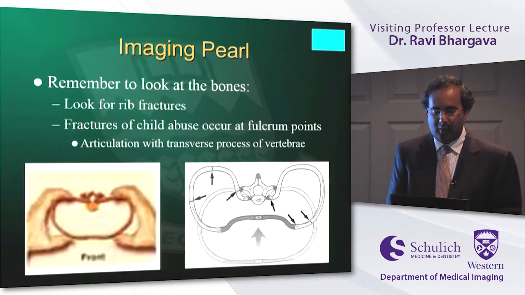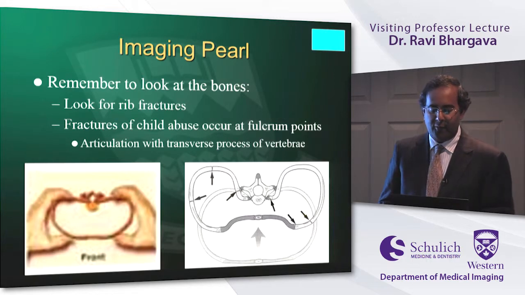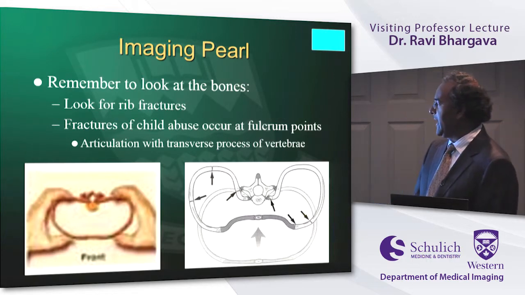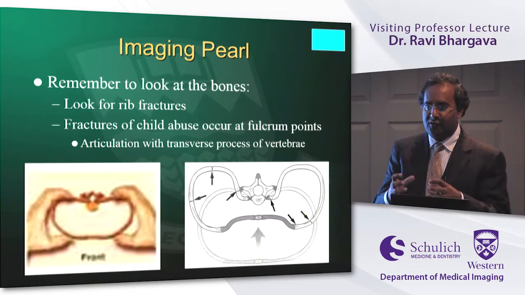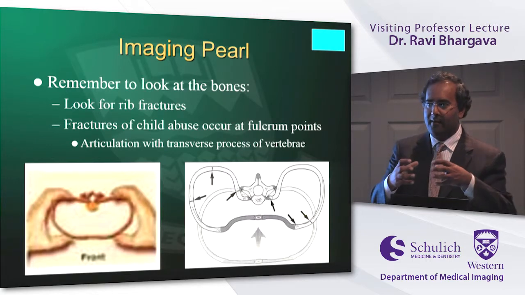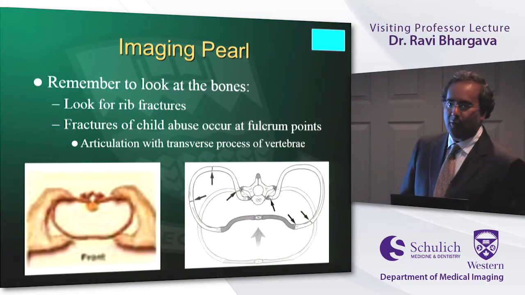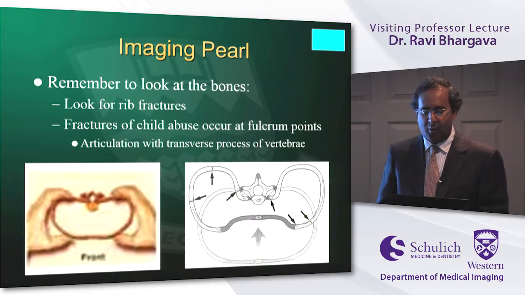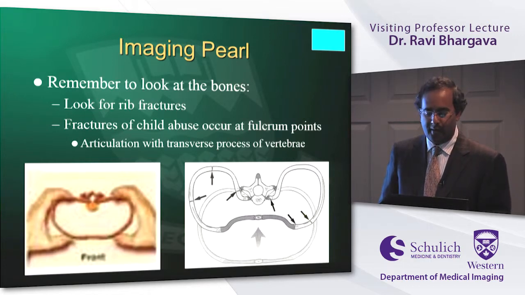They're in very typical locations for child abuse fractures. If you remember, when someone is shaking a child, they engulf the child's chest like this and shake them like this. And this results in fractures occurring at fulcrum points, most specifically where there is an articulation of the transverse process of the vertebra with the rib.